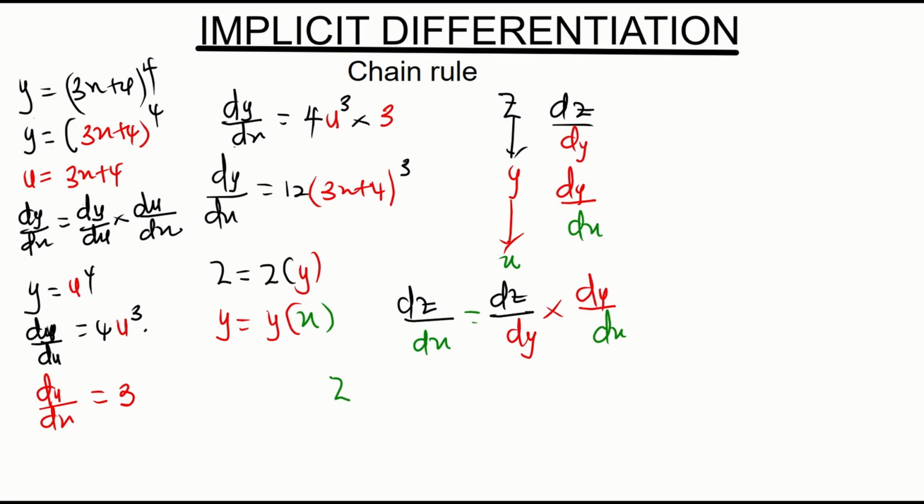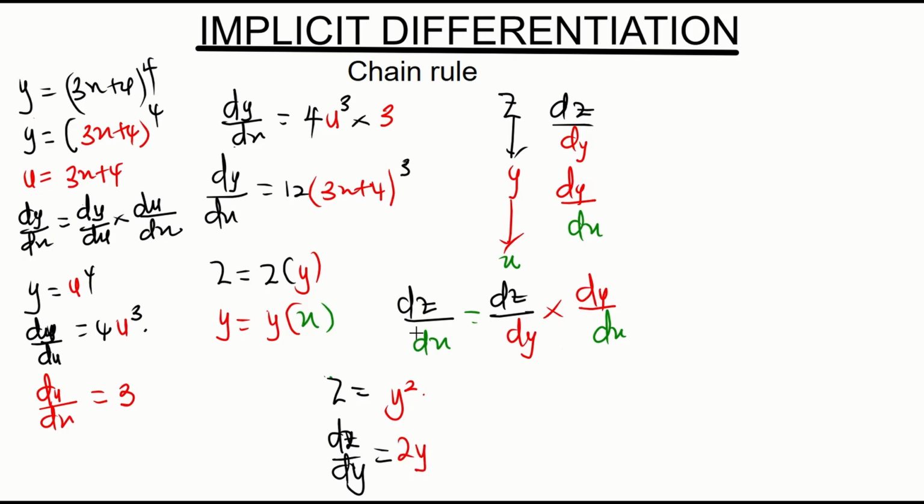Then from there, let's say my z is equal to a function of y, where that y is y squared. Now I know that my z is equal to y squared. If I find my dz dy, it is going to be equal to 2y.